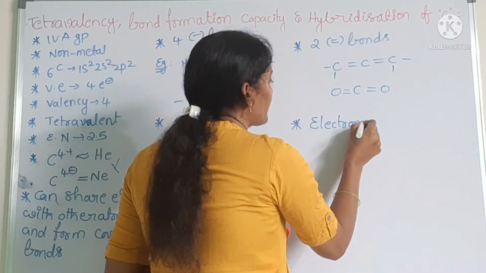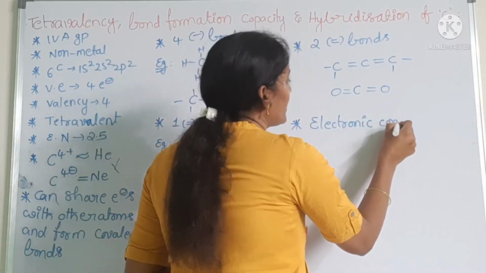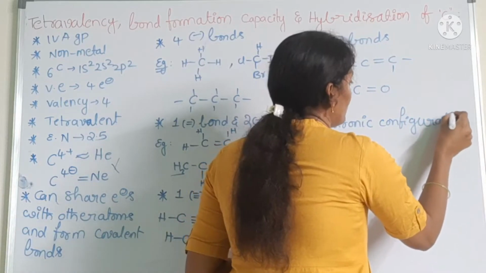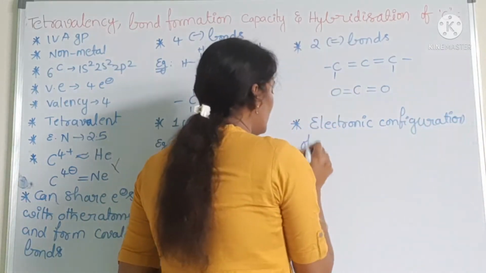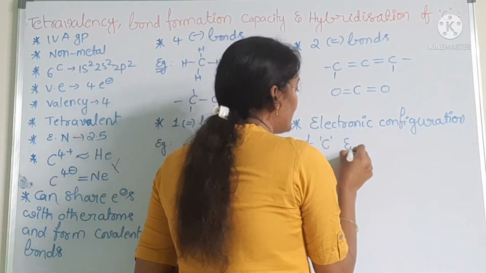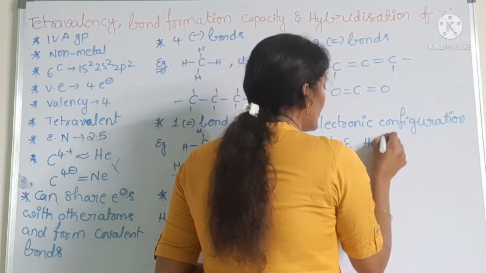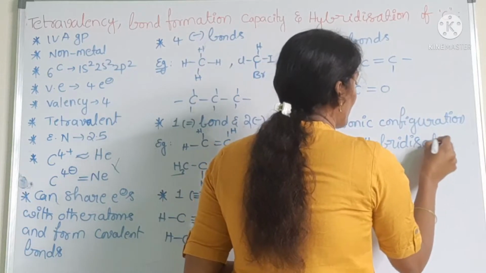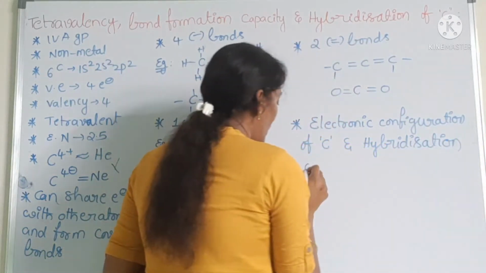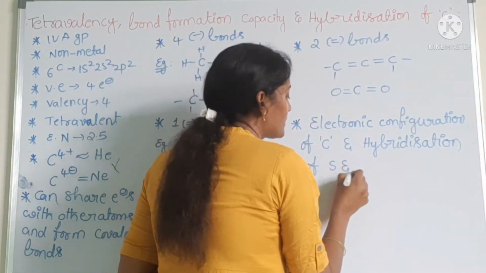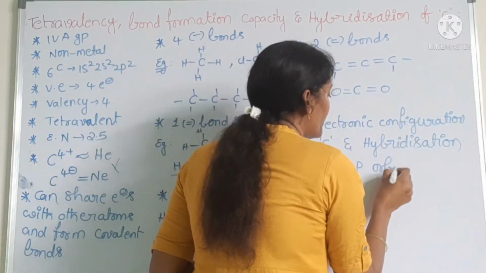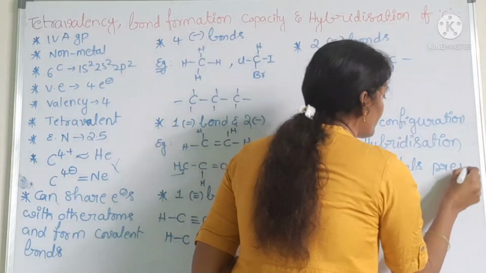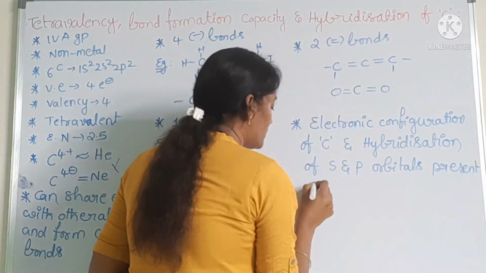Electronic configuration of carbon and hybridization of s and p orbitals present in it.